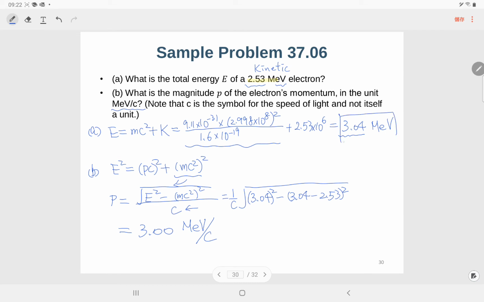So this is part A, this is for part B. So any questions? Very simple sample problem. Special relativity is quite simple as long as you can substitute some numbers into the simple equation.